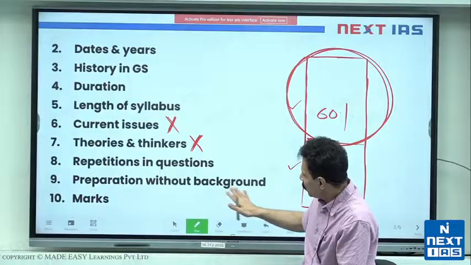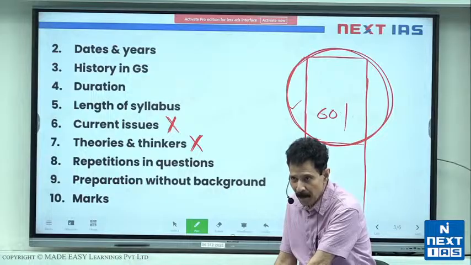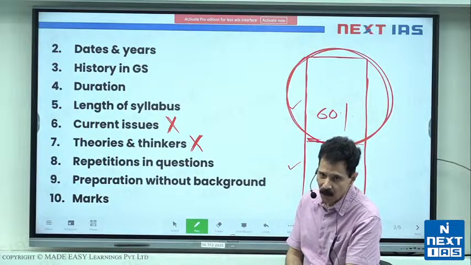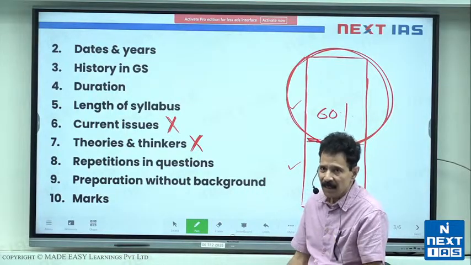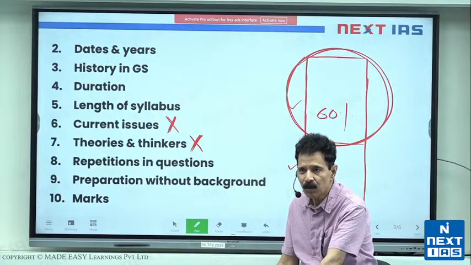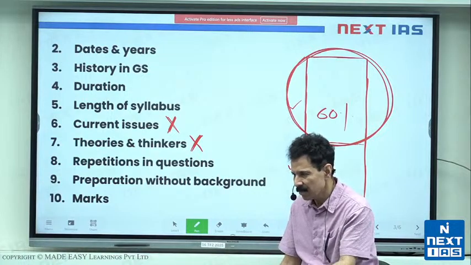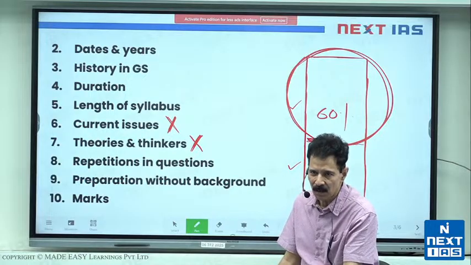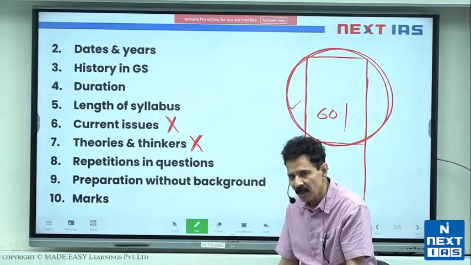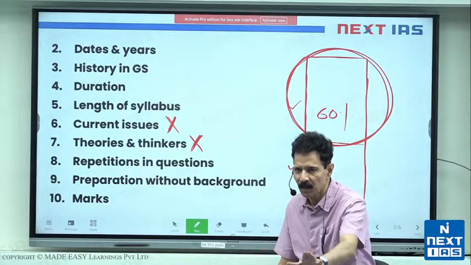Now 9 is preparation without background. Can history be prepared without background? See, certain aspects of history, or like many aspects of history, you have come to know. In the classes, what we find is that 40% of students are those who don't have a history background. They're engineers or have science in the bachelor's or sometimes doctors, related to management and all. Roughly 60% are those who have history as the background subject.